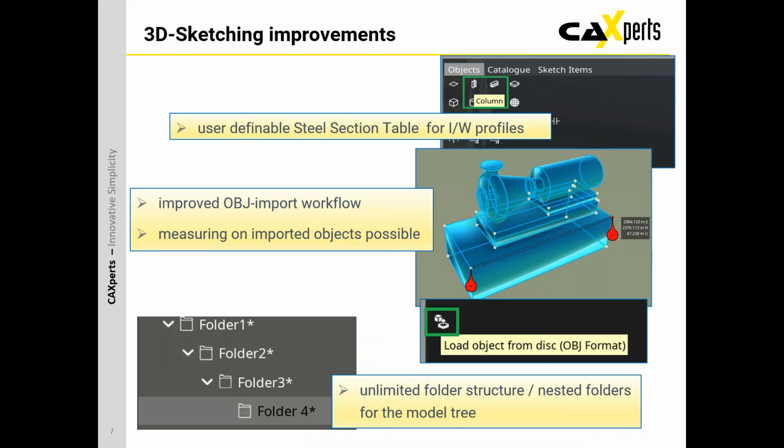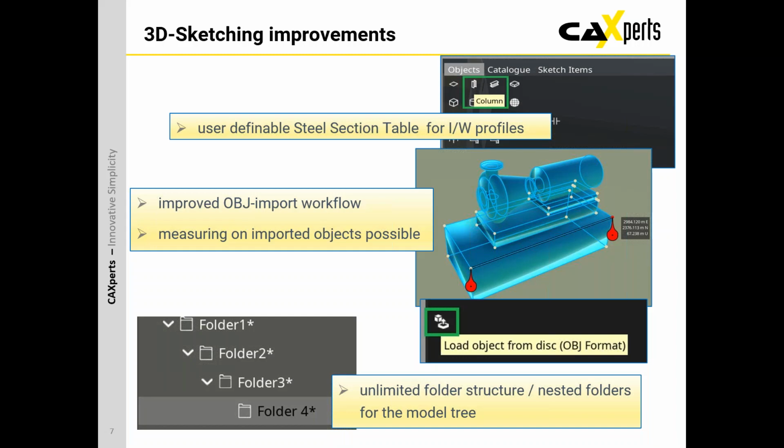Also, we have some 3D sketching improvements. The first one, user-definable steel section tables. This is a requirement since a longer time, that we provide not only our more or less hard-coded limited steel sections, but now we provide this in a more configurable or modifiable way.